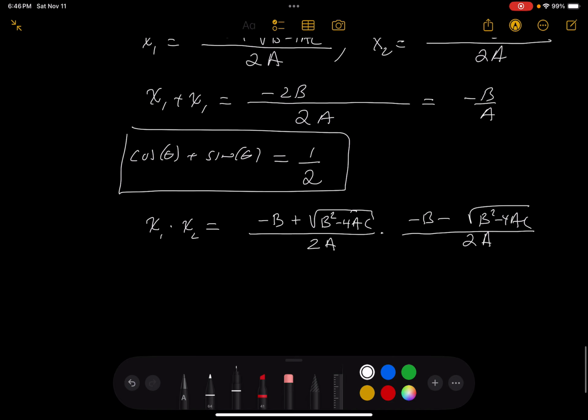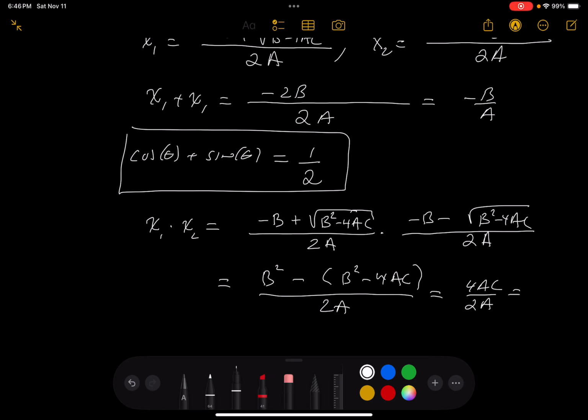Well, if you multiply that together, they're just conjugates. So you get b squared minus b squared minus 4ac, over 2a. And it simplifies pretty nicely because the b squareds disappear. So you're basically just left with 4ac over 2a.